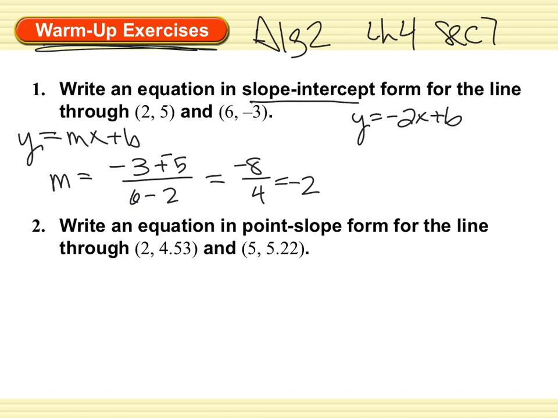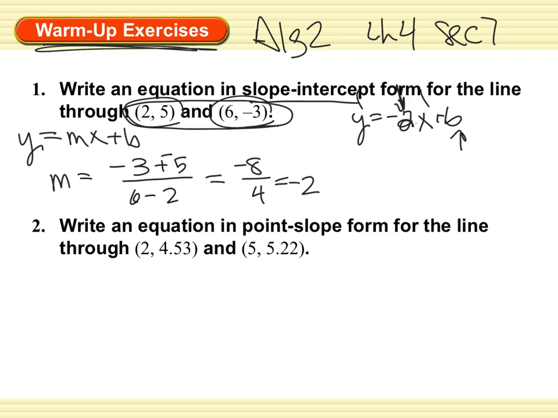b is the y-intercept. It's where your line crosses the y-axis, where x is 0. These 2 points are on this line that have this slope. So we can plug in, oh, for goodness sakes, that was a huge eraser. We can plug in one of these 2 points for x and y and solve for b.